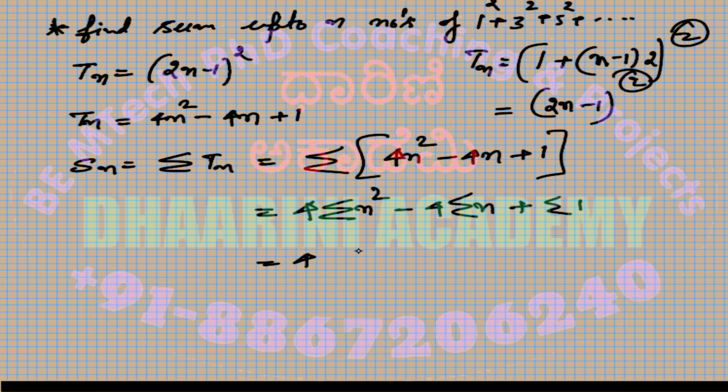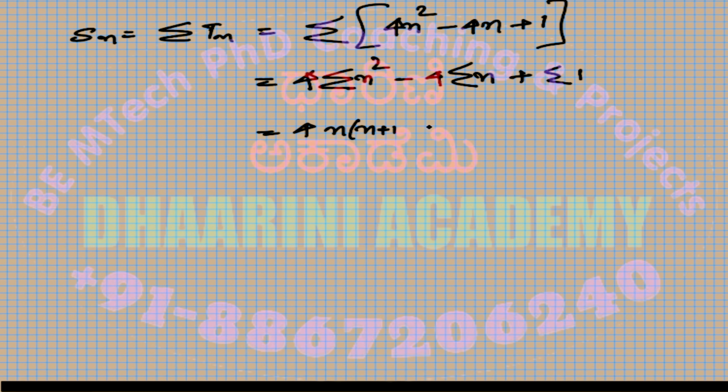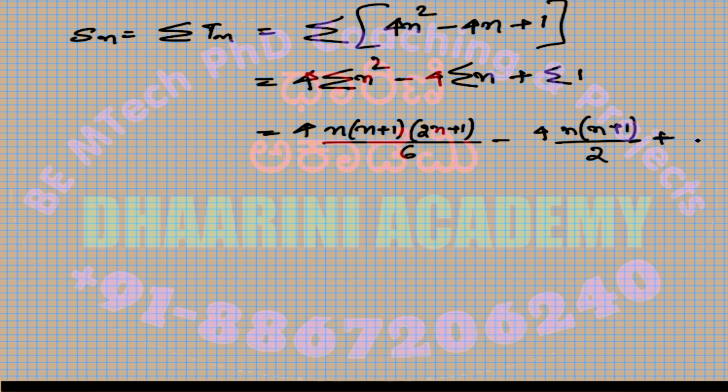Equation says it is n into n plus 1 into 2n plus 1 divided by 6, minus 4 times summation n, which is nothing but n into n plus 1 by 2, and summation of 1 is nothing but n itself. Okay, 1 plus 1 plus 1 plus 1, n times, is n.